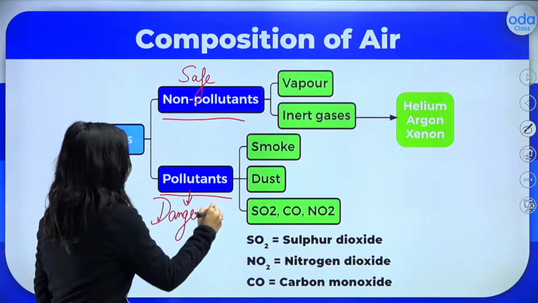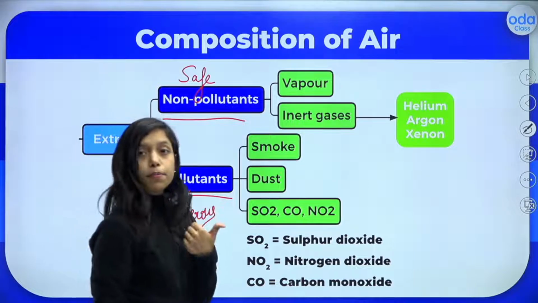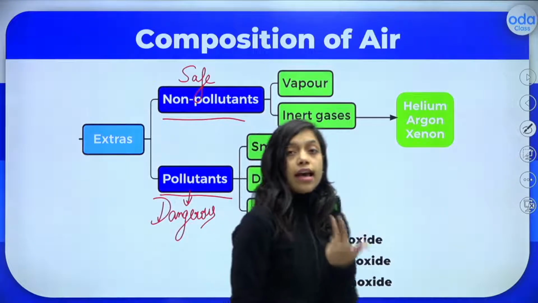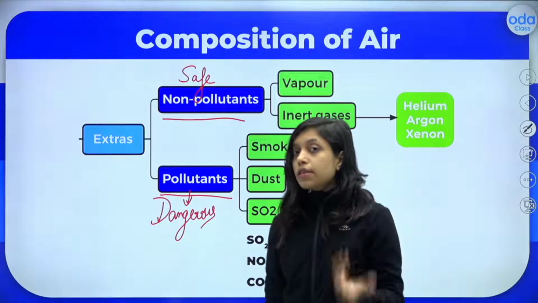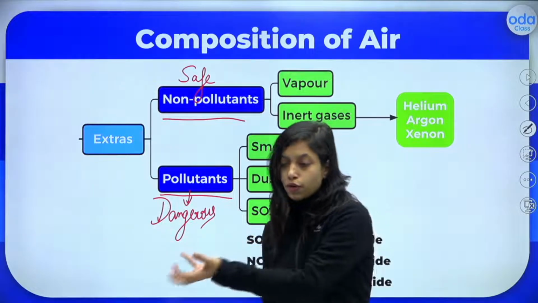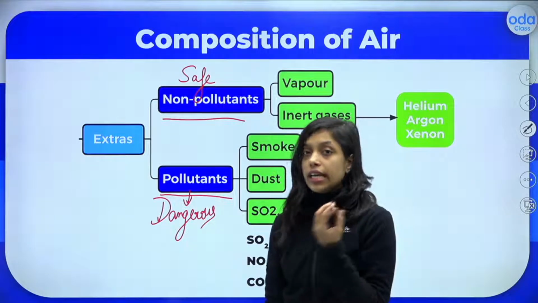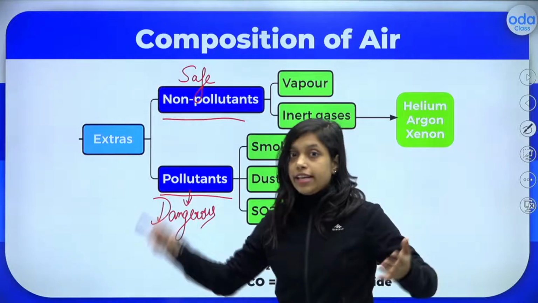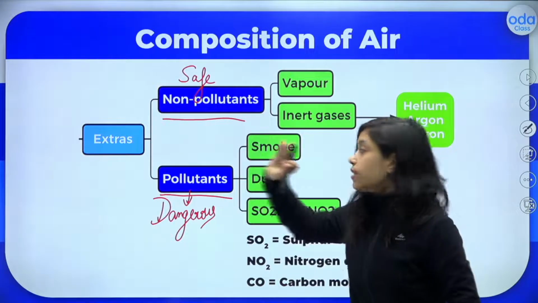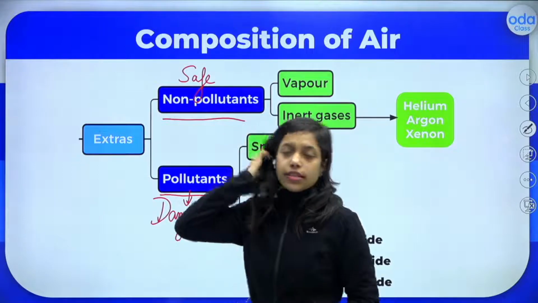Okay, primary gases, they are nitrogen 78%, oxygen 21%, and carbon dioxide 0.03%. The other percentage which is remaining, point something, is actually extra gases. That extra gases may be safe or may be dangerous. Safe gases are non-pollutants and pollutants are dangerous gases, right?